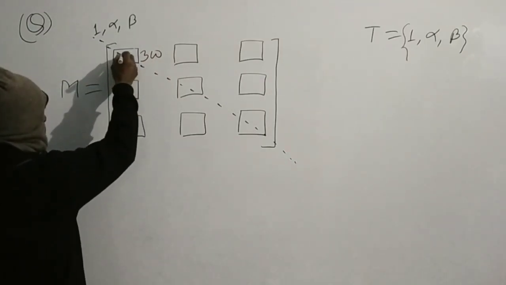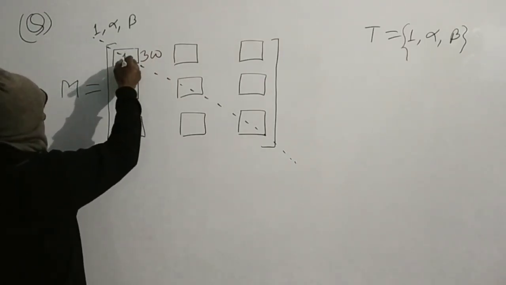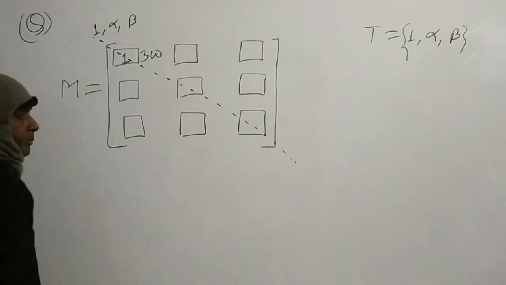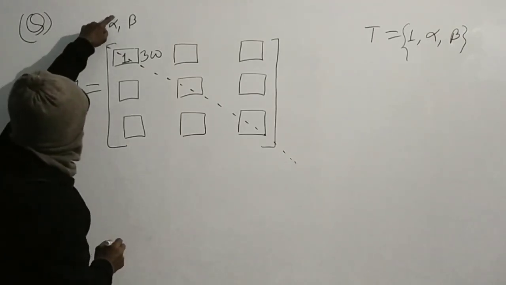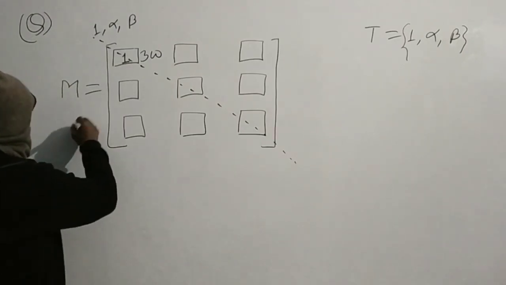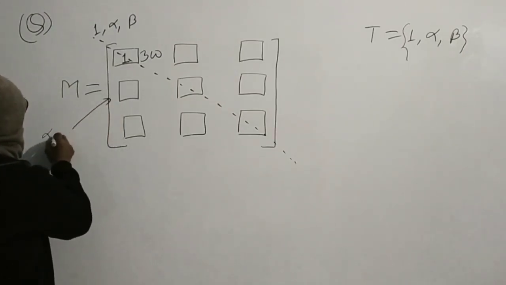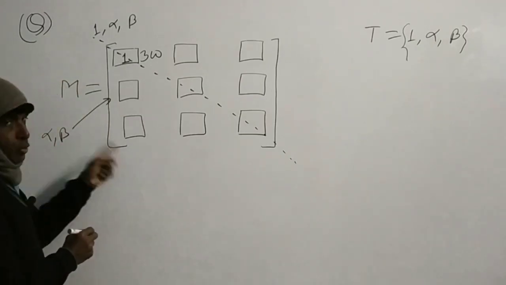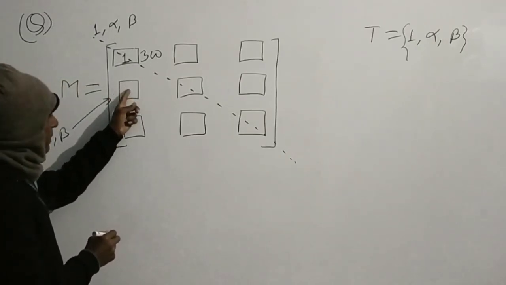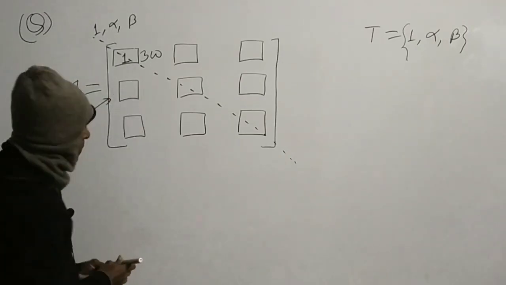Suppose we fill this place by 1. Now there are 2 elements left, alpha and beta, which can be used to fill this vacant place.